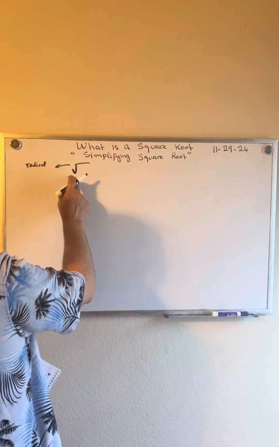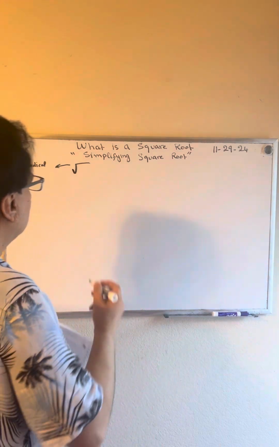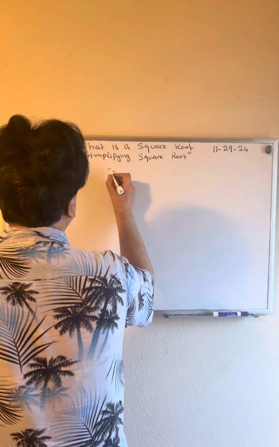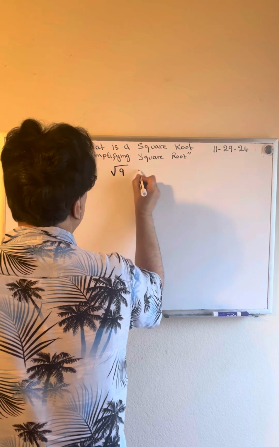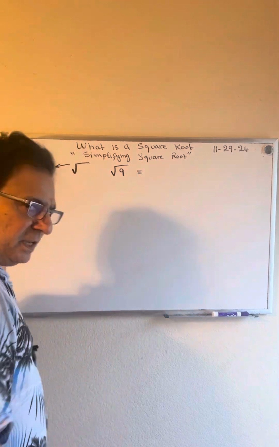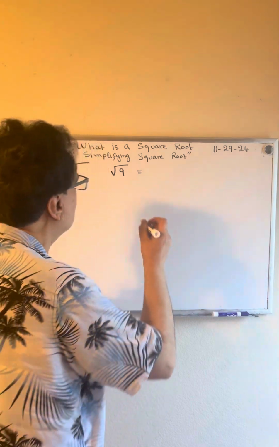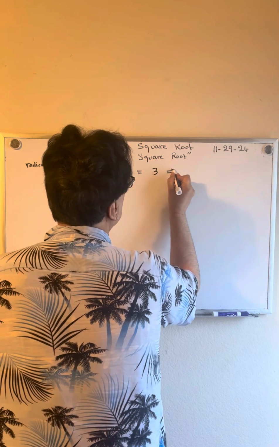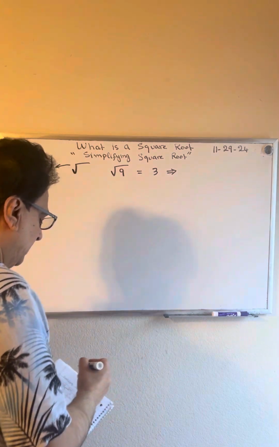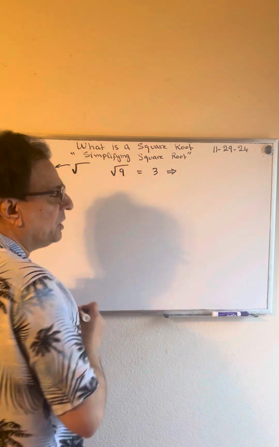So the first thing is that this sign right here is known as a radical. If I want to find the square root of 9, what would that be? I think all of you know in your head that the square root of 9 is 3. Why is the square root of 9 equal to 3?